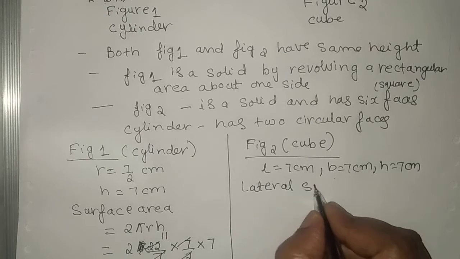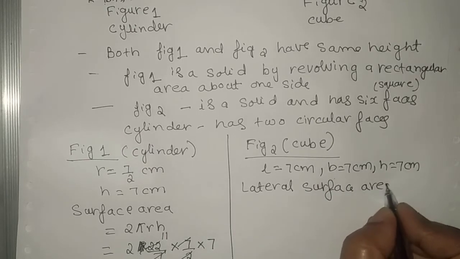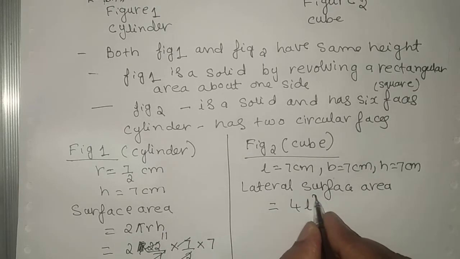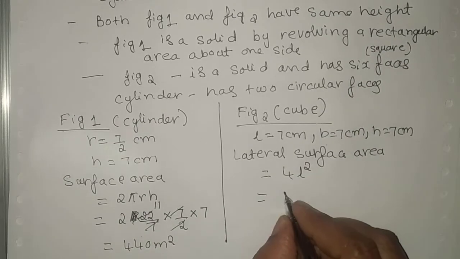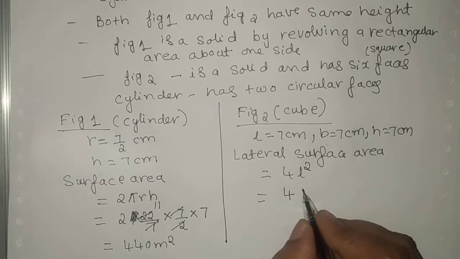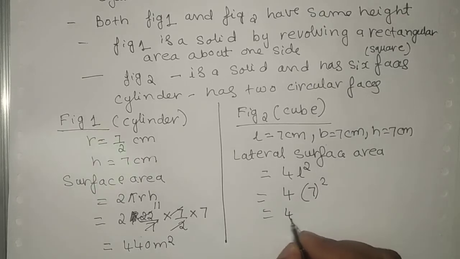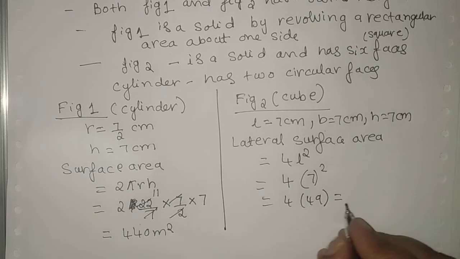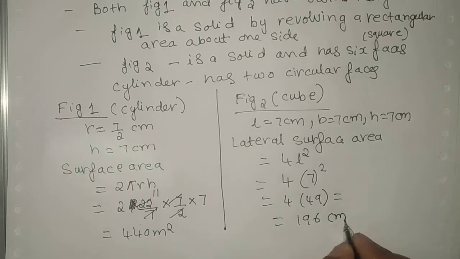lateral surface area is given as 4 into L square. So 4 into L square is equal to 4. Substitute L square. What is L here? 7 square, which is 4 into 49, which is equal to 196 centimeter square.